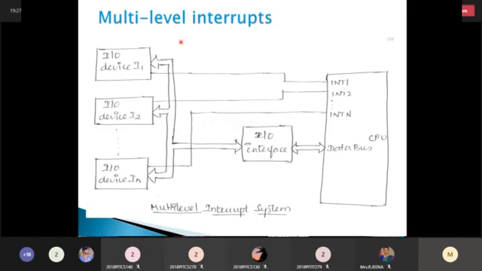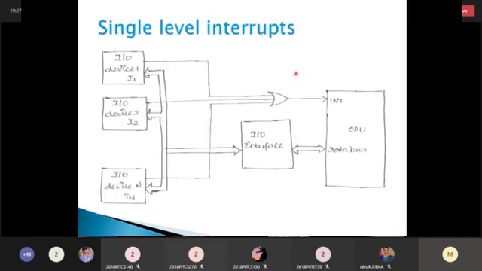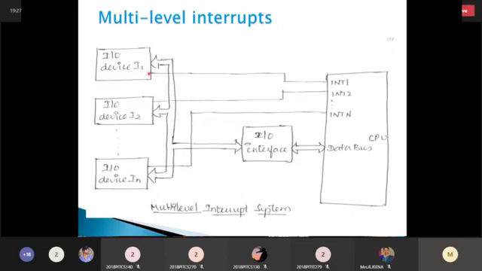Next is our multi-level interrupt. Here we have n number of input output devices which will be sending the interrupt, but they are not connected to a single input pin. Individual interrupt pins are provided for this multi-level interrupt.